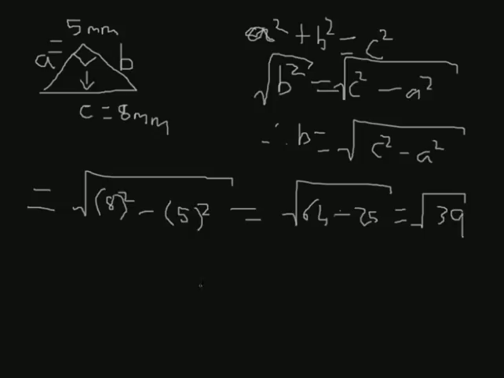Yep, it's 39. I'll get my calculator out, the square root of 39 is roughly 6.2 millimeters. So B is roughly equal to 6.2 millimeters.